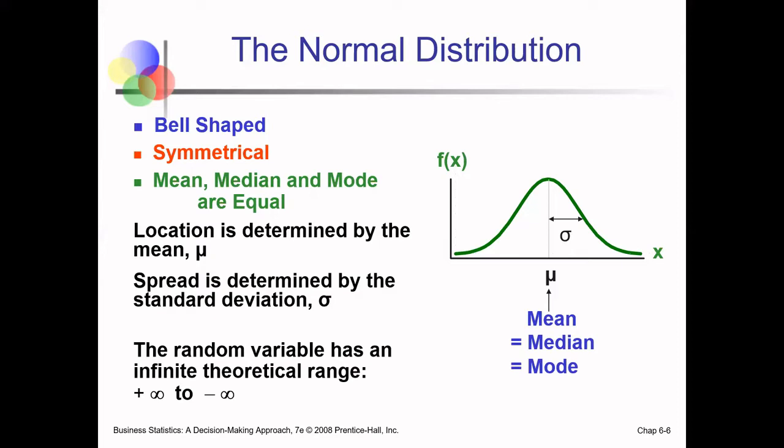We are going to see two different scales: one is the X scale, and the second is the Z scale. Usually we have the data on the X scale, and we convert it into the Z scale.